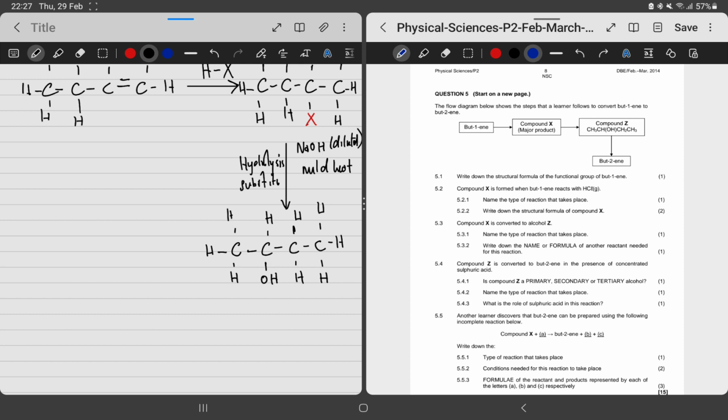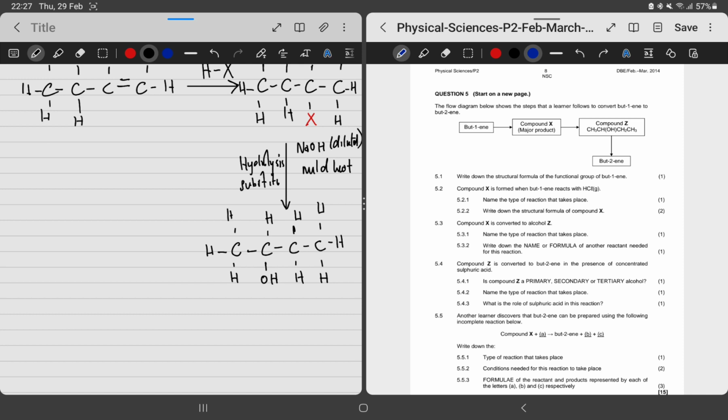So it is very important for you to be able to differentiate between the two. When you use a strong diluted base and mild heat, you undergo hydrolysis, so it is a substitution reaction. But when you use a concentrated strong base plus intense heat, the haloalkane is going to undergo what?